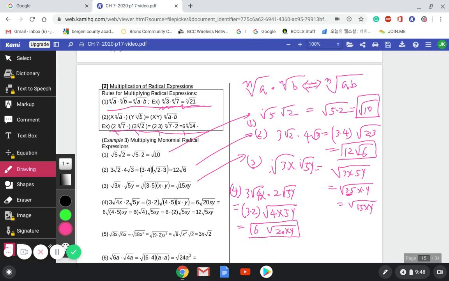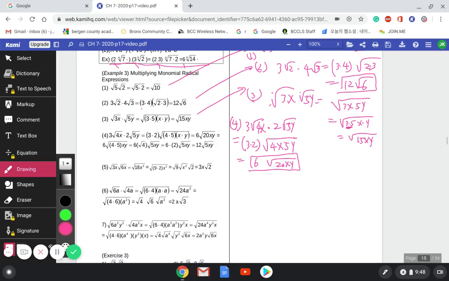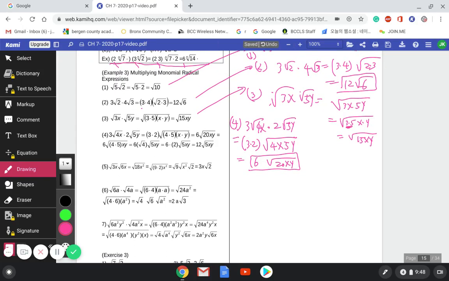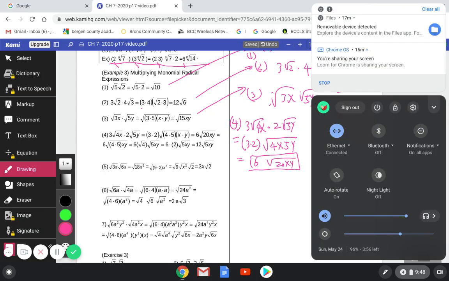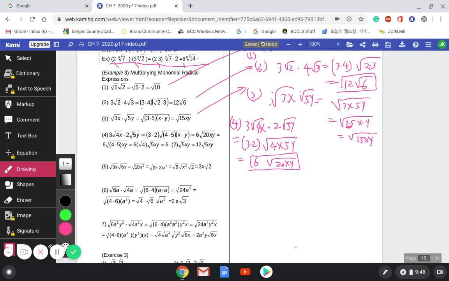But the thing is, square root of 20 is, you can break them as perfect square as a factor. So you can come out from the radicals. So now if you do that, that 4 and 5xy.